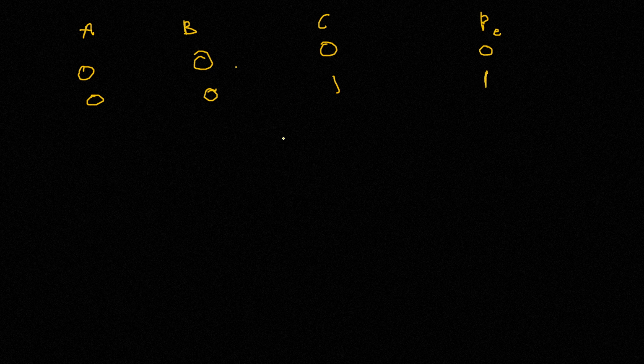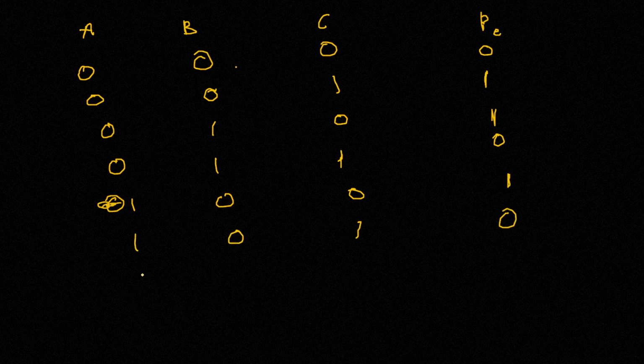Here you have an odd number of ones. 0, 1, 0, again an odd number of ones. 0, 1, 1 gives us 0, then 1, 0, 0 gives 1, 1, 0, 1 is 0, 1, 1, 0 is 0, and 1, 1, 1 is 1. So whenever you have an even number of ones, you put 0 here, and whenever you have an odd number of ones, you put 1. Right.